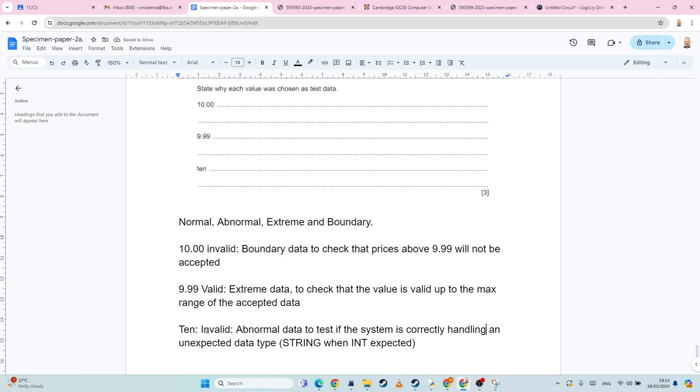Okay, so 10, invalid, is abnormal data to test if the system is correctly handling an unexpected data type, string when int is expected.